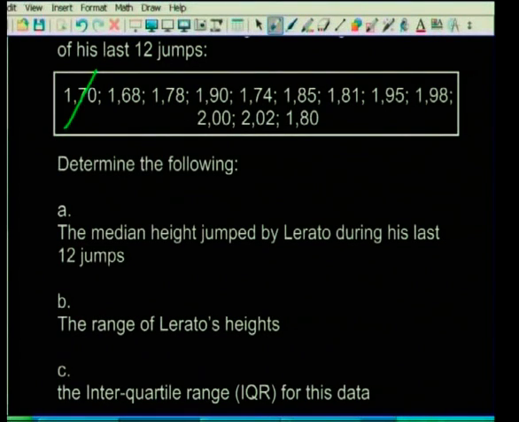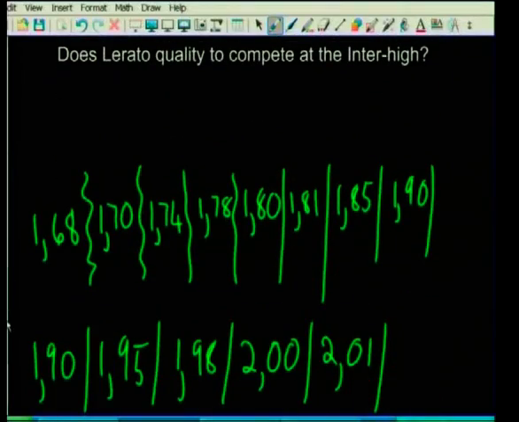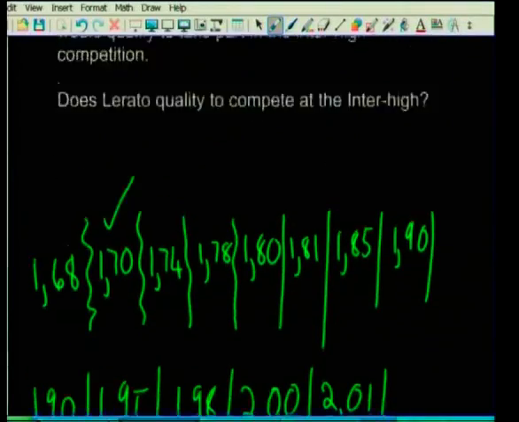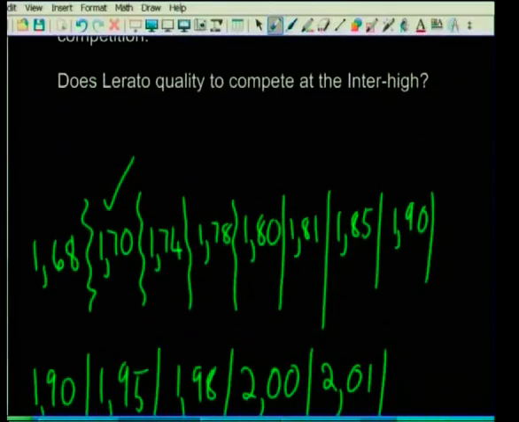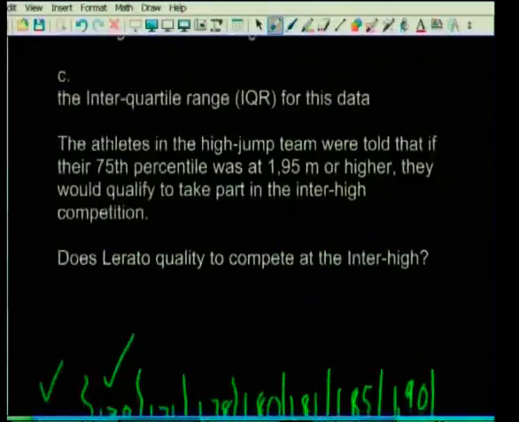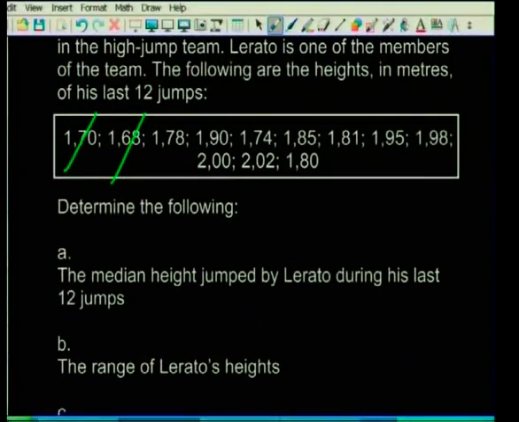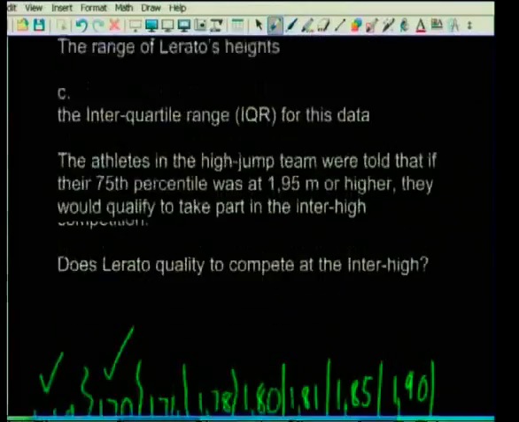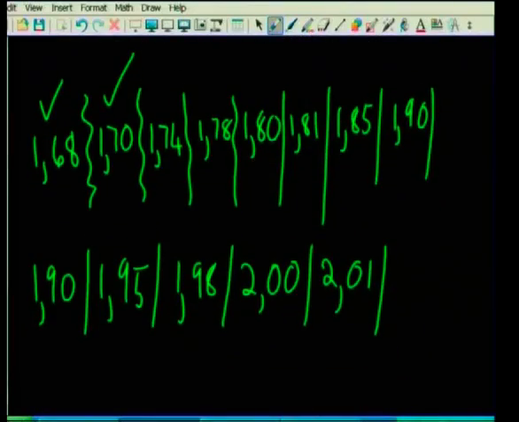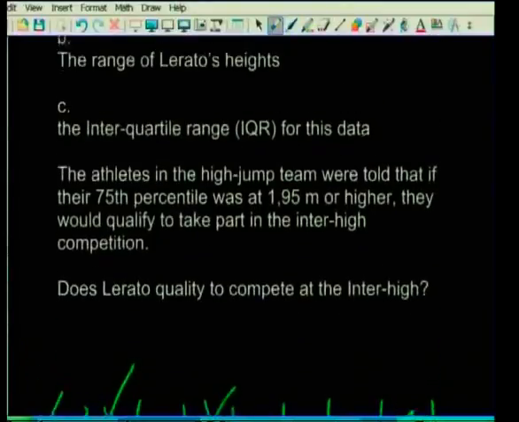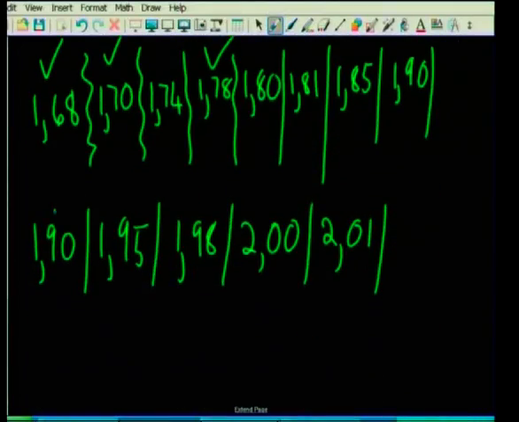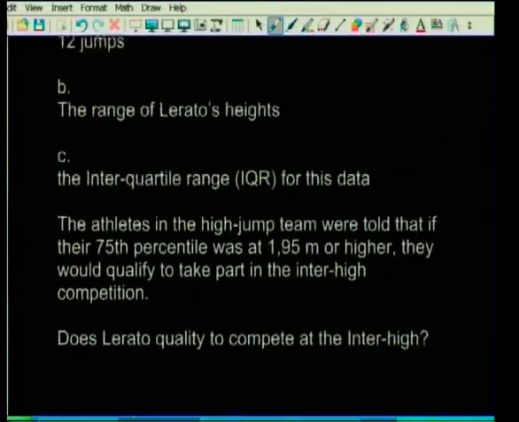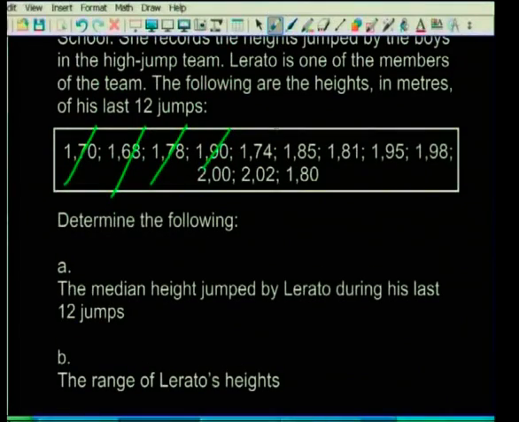1 meter 70. Let's check if I've got that. Yes. 1 meter 68. Tick it off. I know it sounds like a mission, but everybody makes mistakes. 1 meter 78. I've got it. 1 meter 90. Pretty sure I saw that one. 1,74.